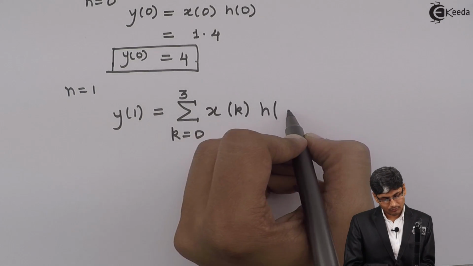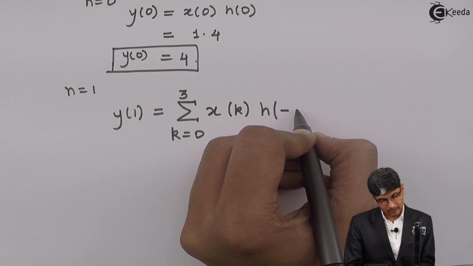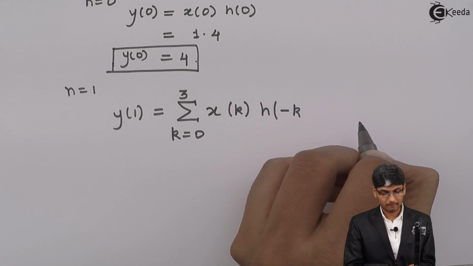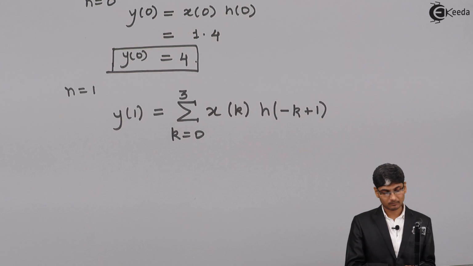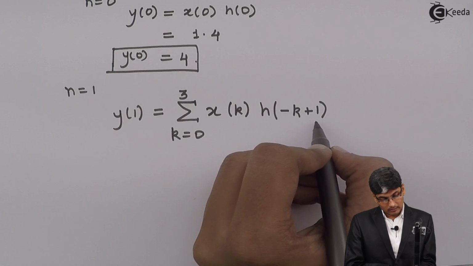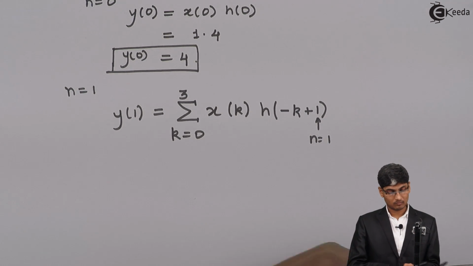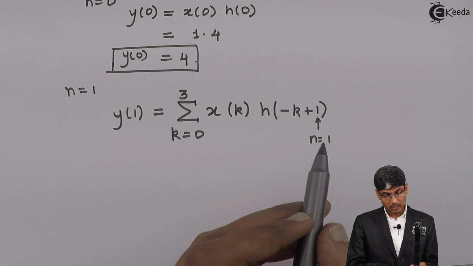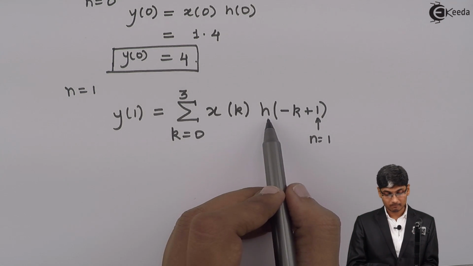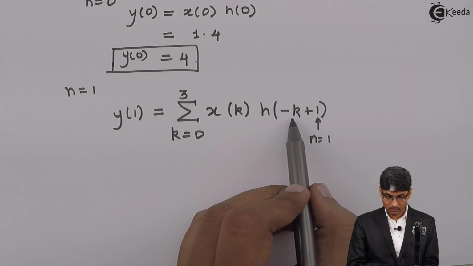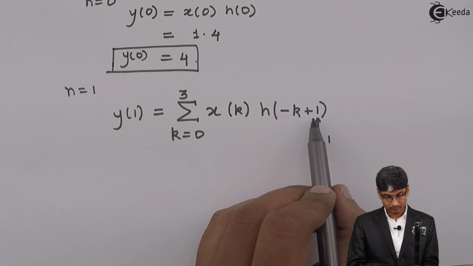So, I write it h of minus k plus 1. This plus 1 is because now my n is equal to 1. So, now what it shows is, I am shifting h of minus k plus 1.